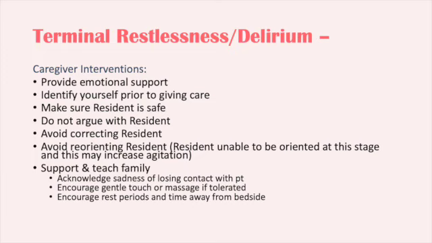Avoid reorienting the resident, because at this point that may cause more agitation because they are so restless and having delirium. And you want to make sure that you're supporting and encouraging and educating the family about what's happening, and that this is a sign of a progression of this person's condition, and that they're getting to that stage where they're actively dying.